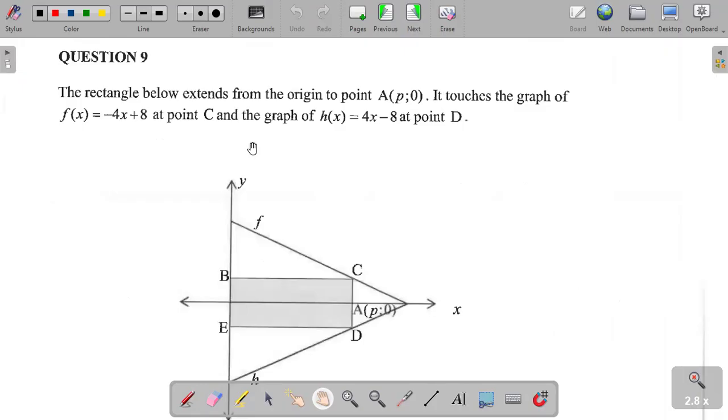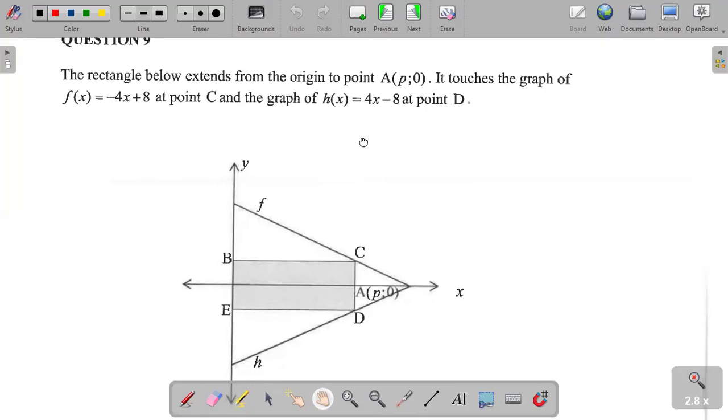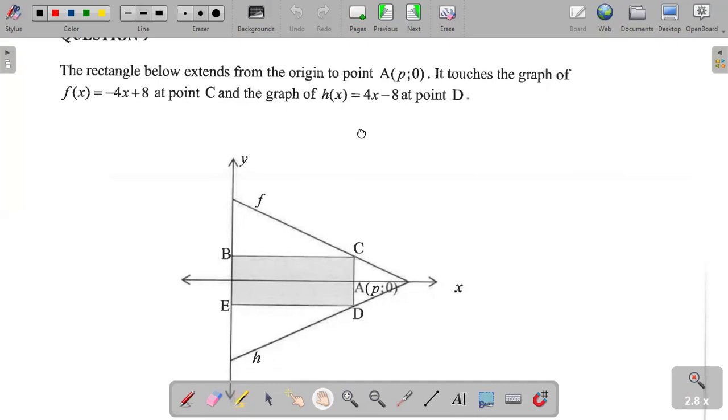So they say what? The rectangle below extends from the origin to point A, P and 0.